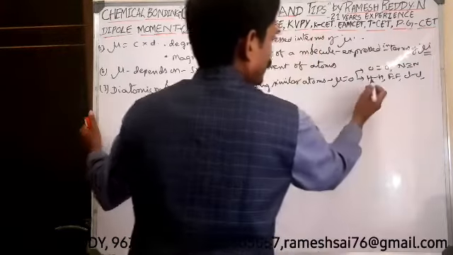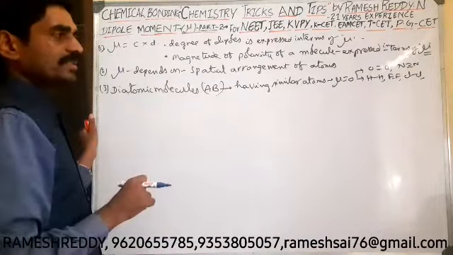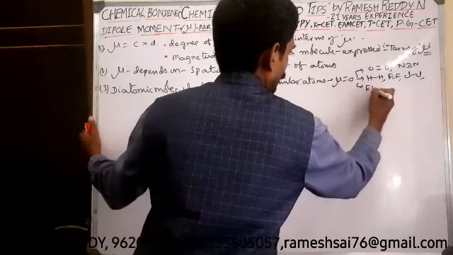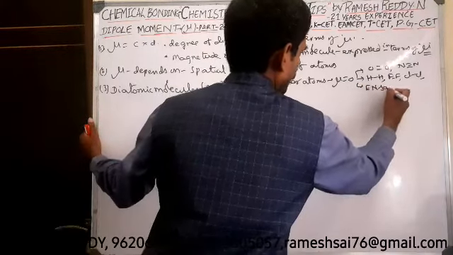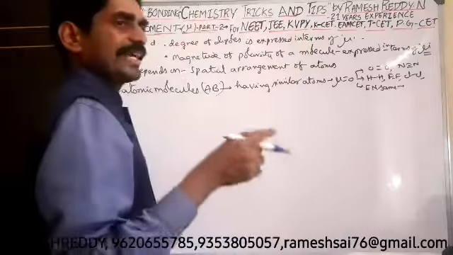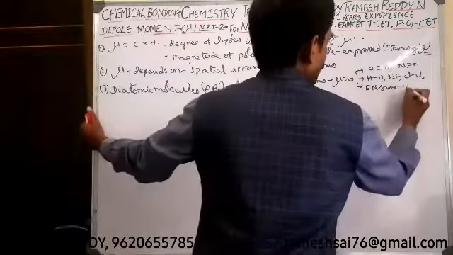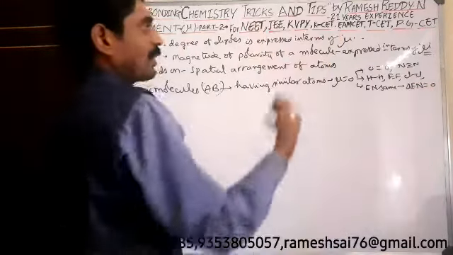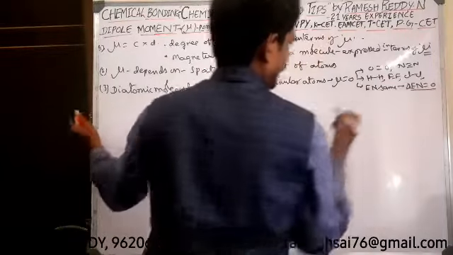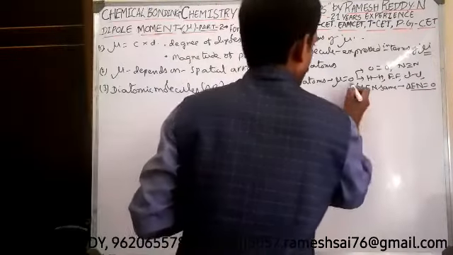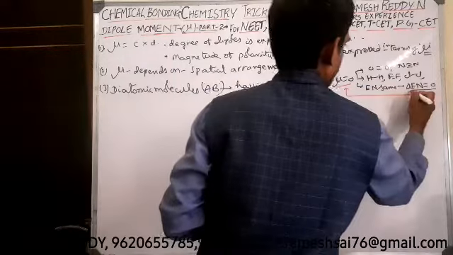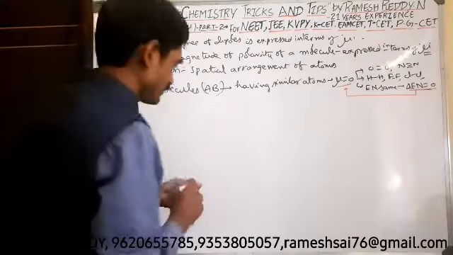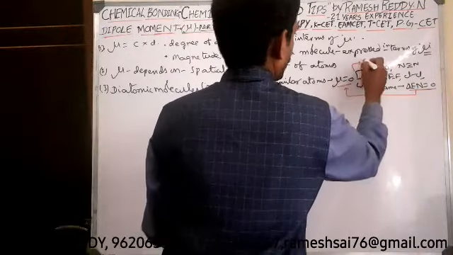These all have similar atoms. That's why both atoms have the same electronegativity. There is no difference in electronegativity, so the electronegativity difference is 0. If the electronegativity difference is 0, then the dipole moment is also 0. Got it? Those molecules we have to call non-polar molecules.